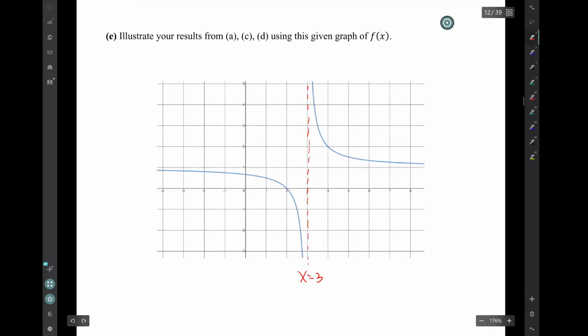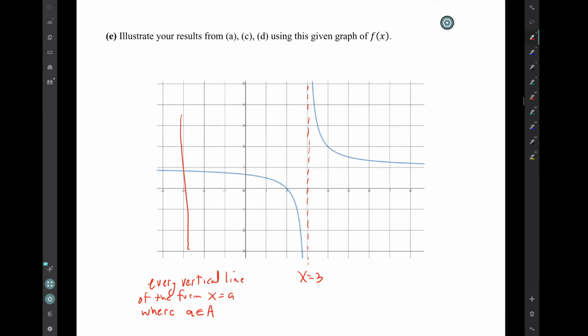You can see that every vertical line that is not x equals 3 intersects the graph exactly once. So every vertical line of the form x equals a, where little a is a number in the set capital A, intersects our graph exactly once.